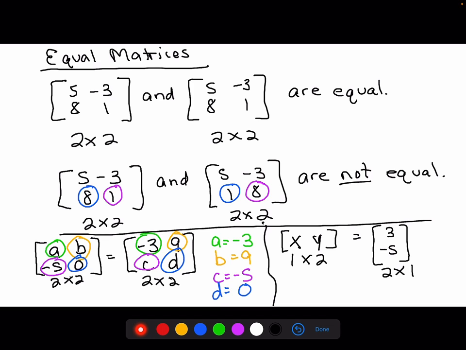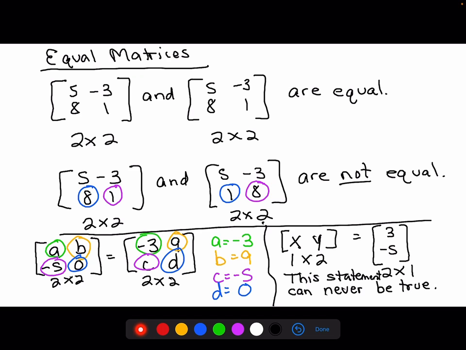Like the first matrix has an element in A sub 1, 2. The second matrix does not. The second matrix has an element in A sub 2, 1. The first matrix does not. So this statement can never be true, because you have to have all those positions exactly matching up and having exactly the same values.